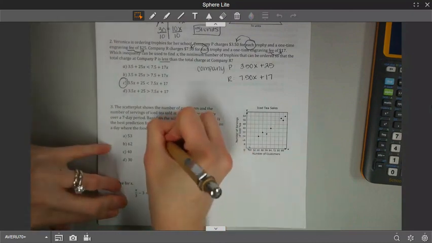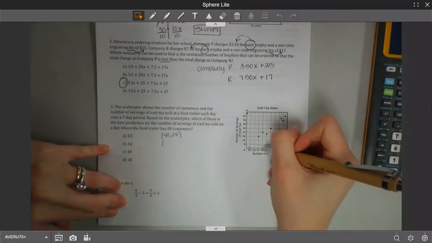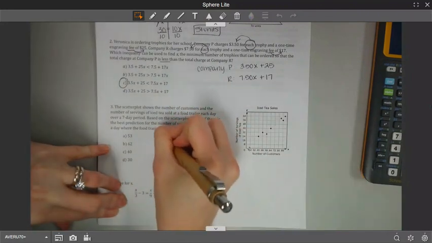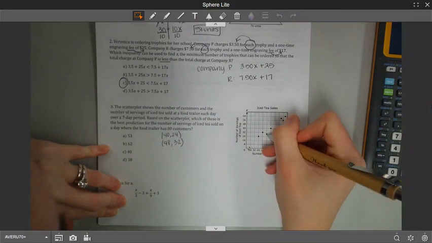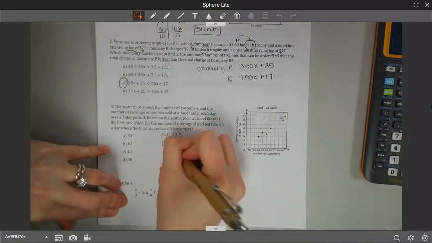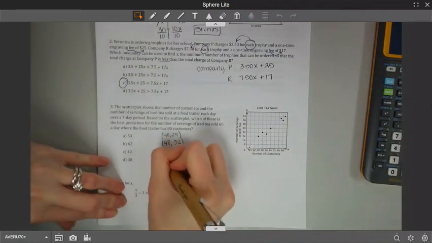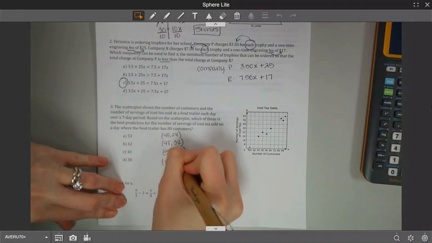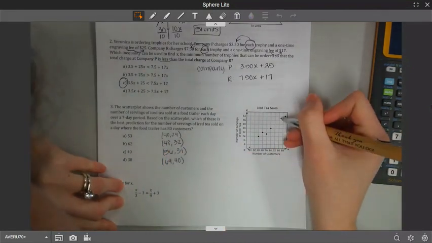So we have 40, 24. Then I have 48, 32. We have 56. It's a little bit below 32. We'll say 56, 31. Then we have 64, 40. Then over here, it's between 80 and 88, so I'm going to say 84.